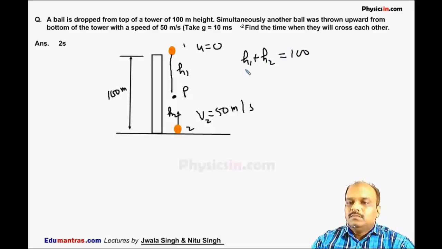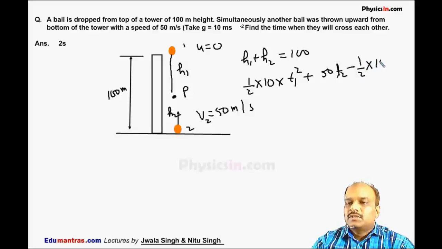Now h1 is half g, that is 10 into t1 square, and h2 is ut, that is 50 into t2 minus half g, that is 10 into t2 square, and that is equal to 100. Now this is the condition.